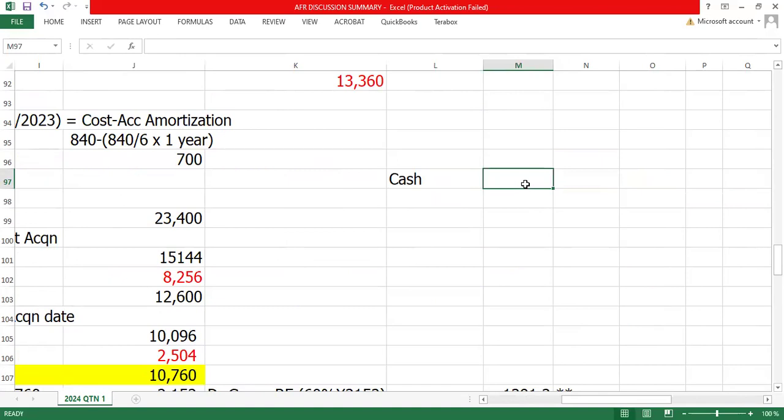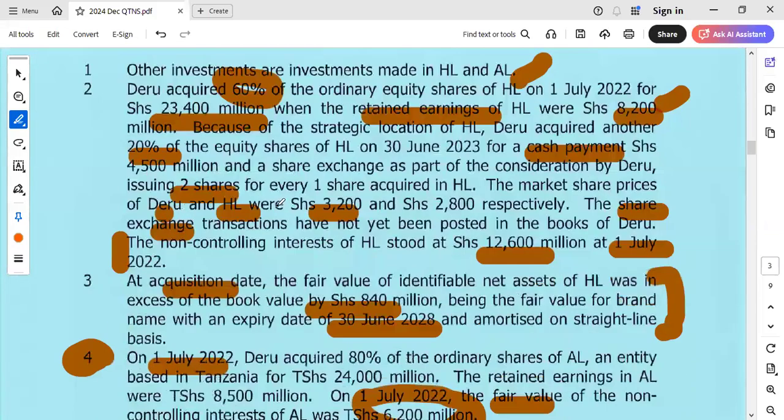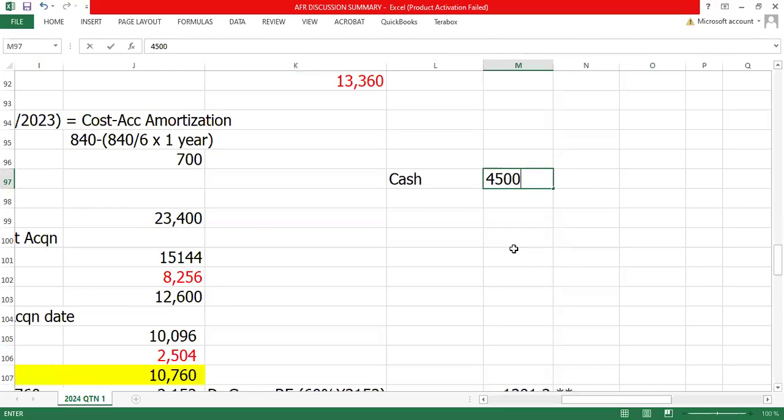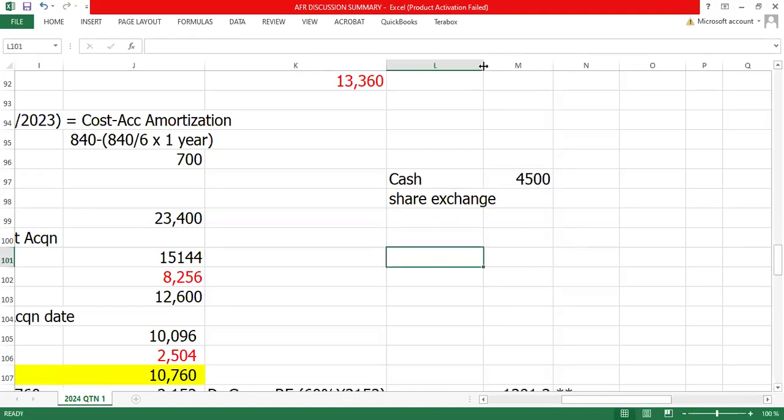We pay the cash. There is something I want to confirm. You paid the 4,500, isn't it? That is cash. Then what was the value of the share exchange?